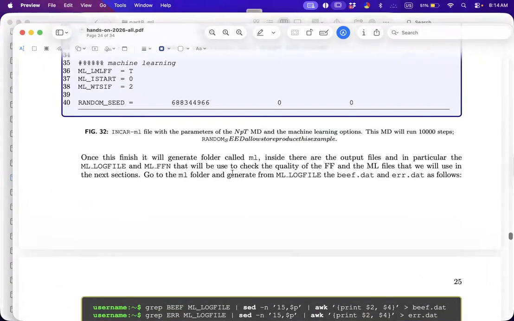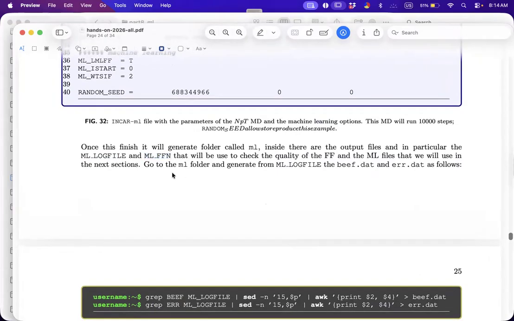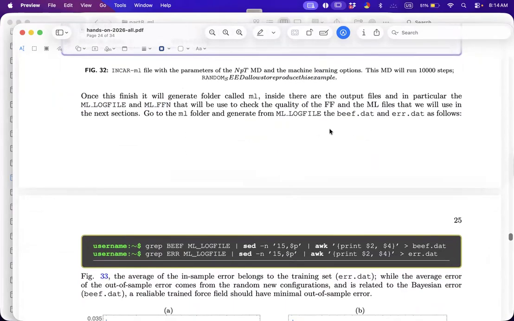But when it finishes, you're going to get these files: the ML log file, and many other files, like the log file and ML_FFN. This ML_FFN is the actual force field that we're going to use later.